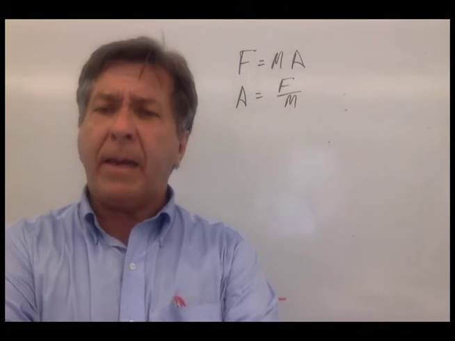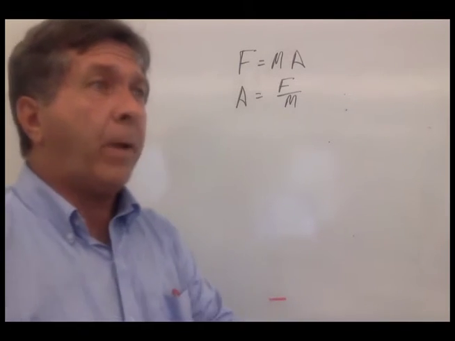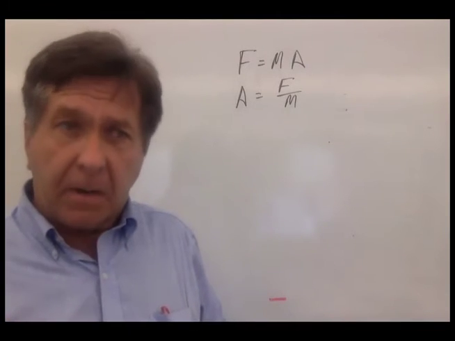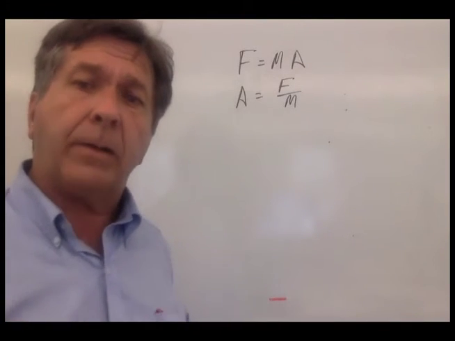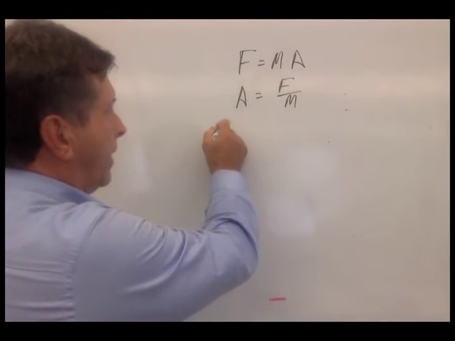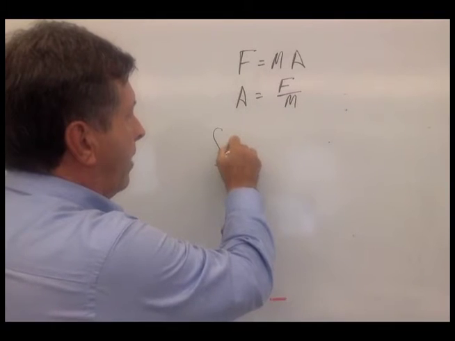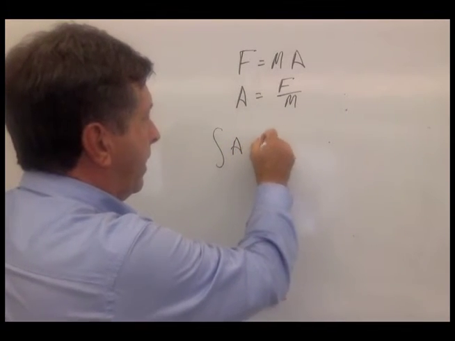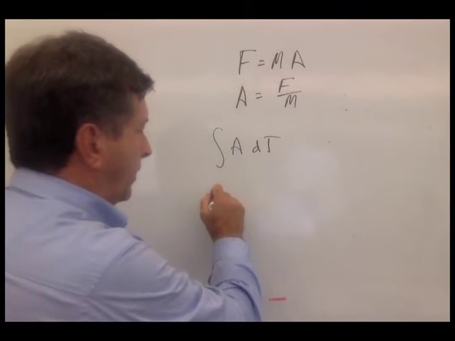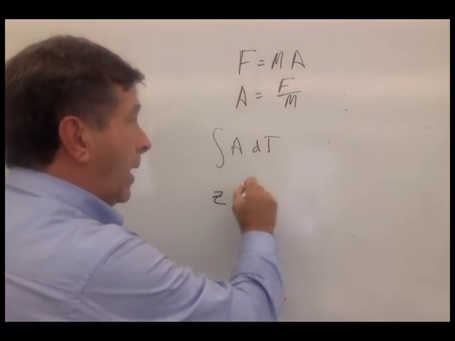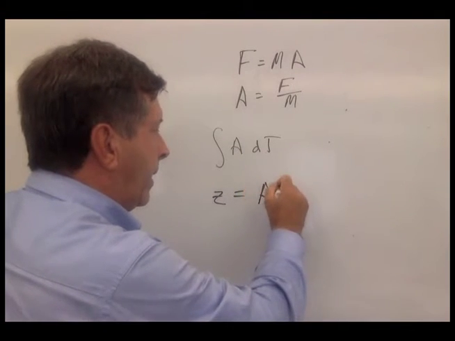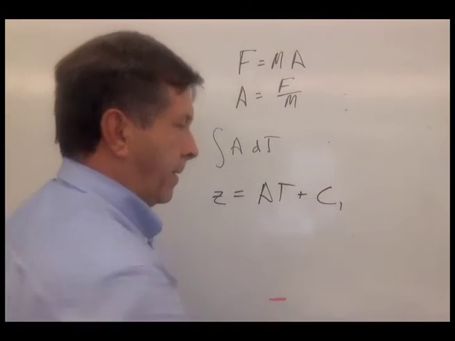Now, in calculus, we have something called an integral. It's the area under a curve. And if you are aware of calculus, follow me. If I take the integral of a constant, the integral of a with respect to t, I'm going to get some new units. I'll call it z equals at plus a constant.